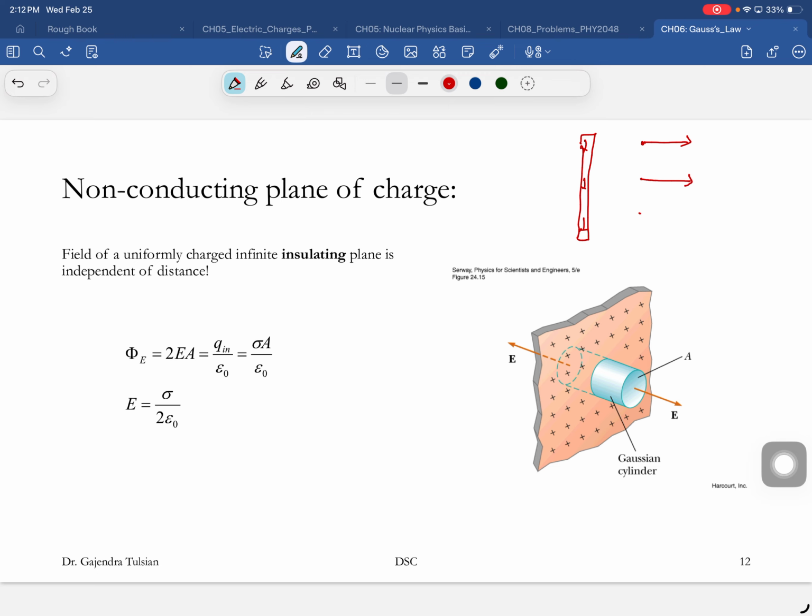So from an infinite sheet, we've calculated the electric field in the entire universe. Just like that. That's what Mr. Gauss allowed you to do.